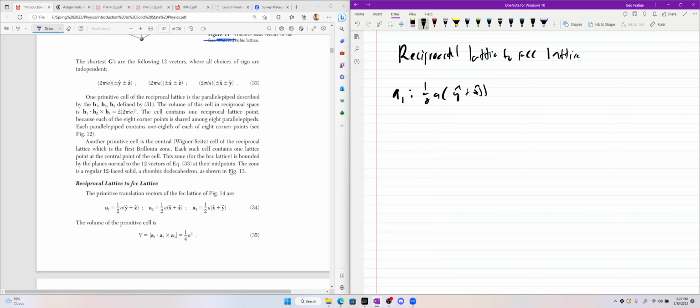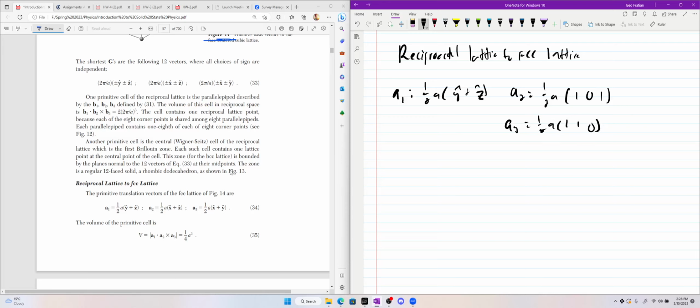I like to write that instead as 0, 1, 1, but whatever. So A2 equals 1/2 a, 1, 0, 1. So we know which one we do when we do the matrix multiplication. And then A3 equals 1/2 a, 1, 1, 0.